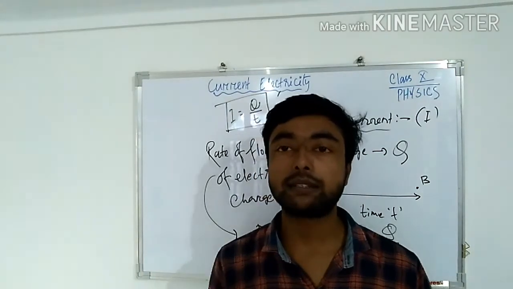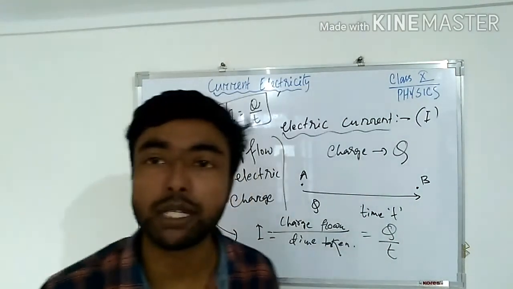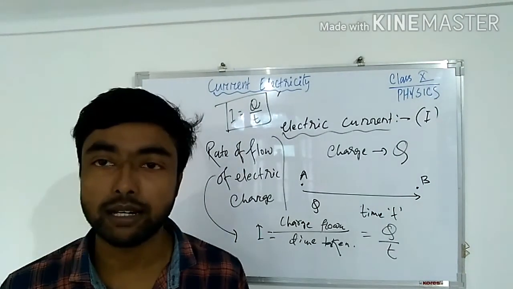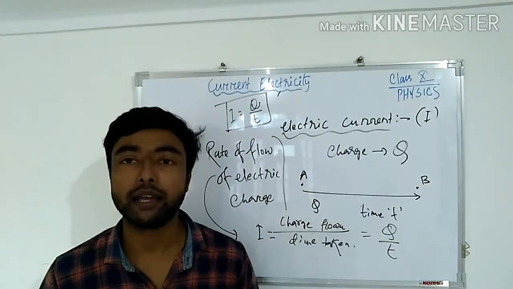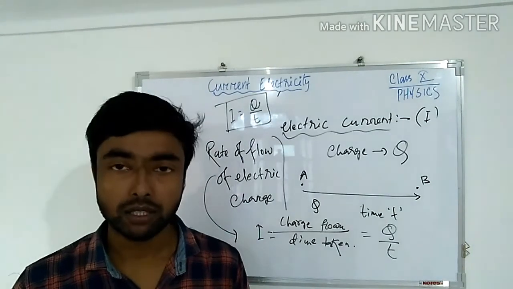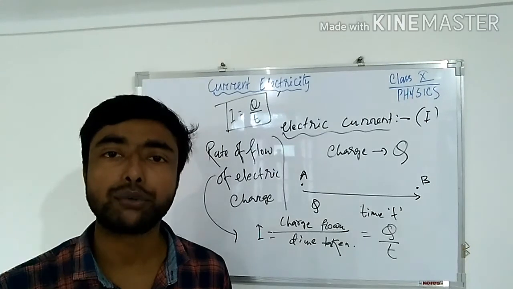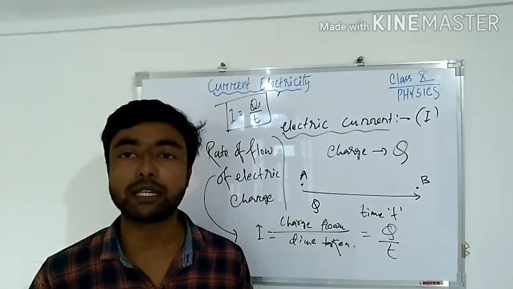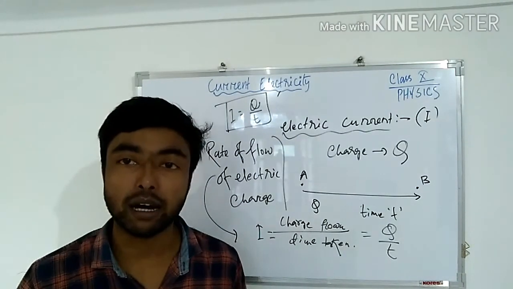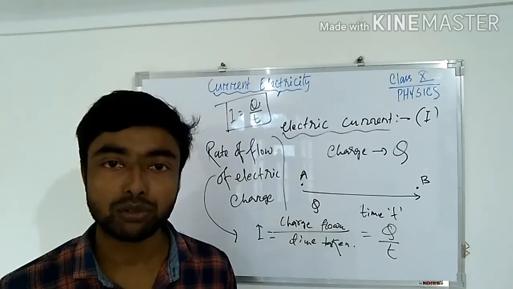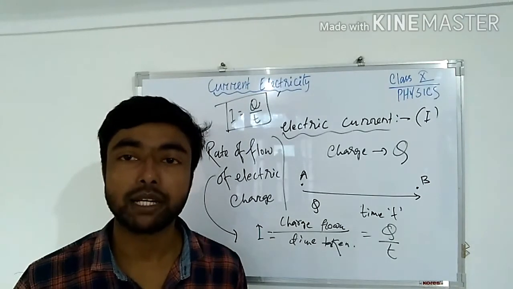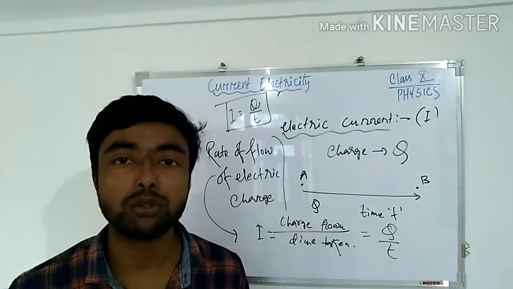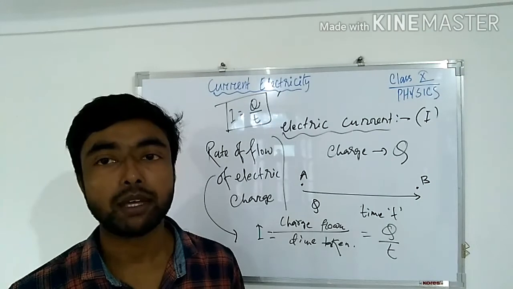That means electric current, if you have to define it mathematically: electric current is the rate of flow of electric charge. This is the definition, and from a mathematical perspective we can say that electric current between 2 points is the amount of charge that flows per unit time. It means how much charge flowed in 1 second.